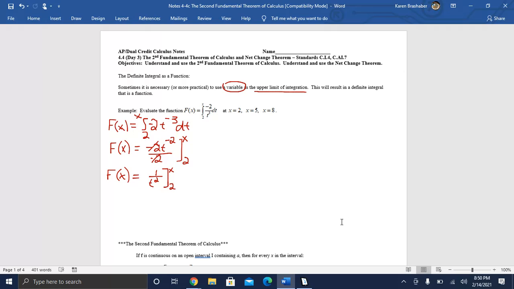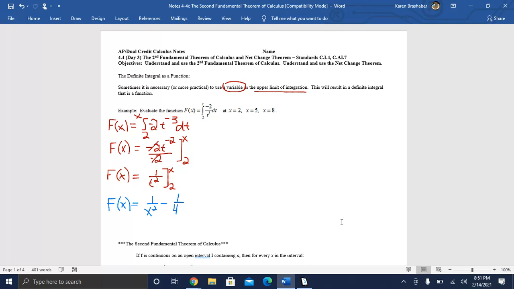So now applying the fundamental theorem of calculus, where we do f of b minus f of a. Your b is the top limit of integration, so that would be 1 over x squared minus, and then 1 over 2 squared, which would be 4. So 1 over x squared minus 1/4.